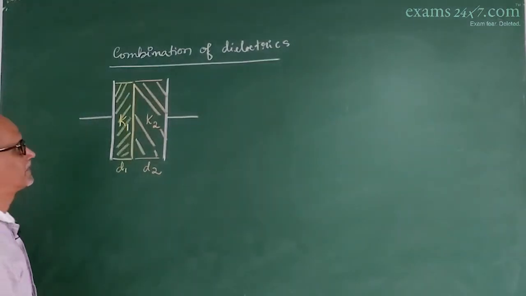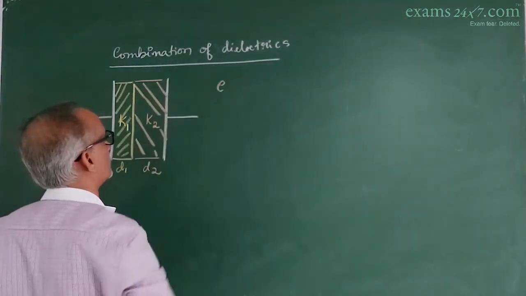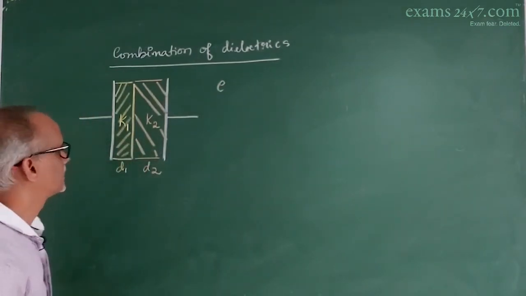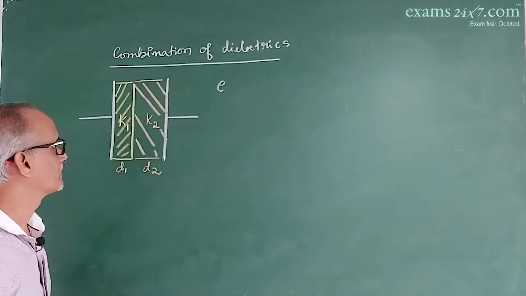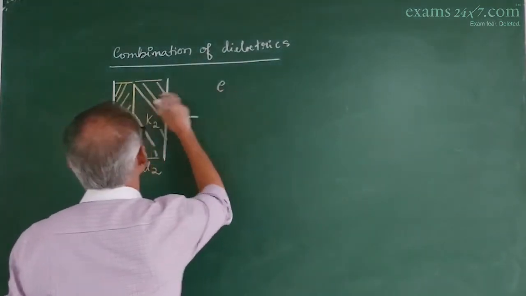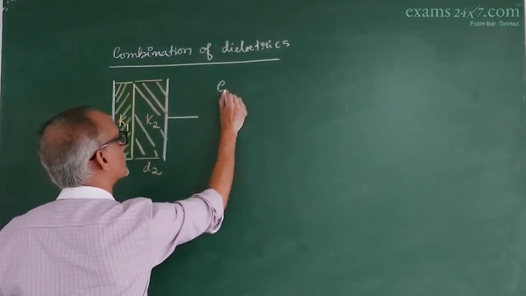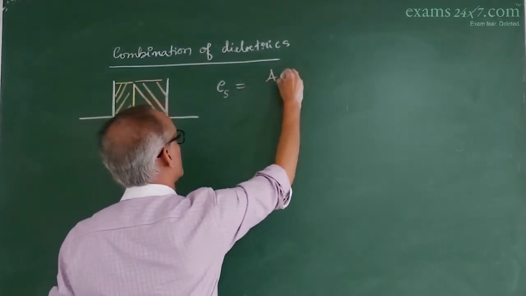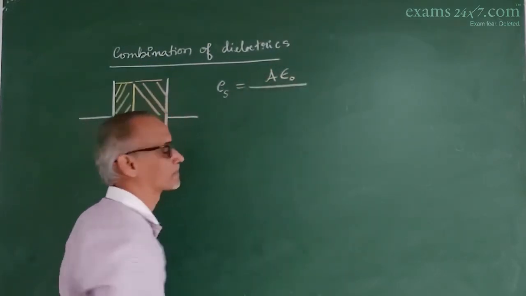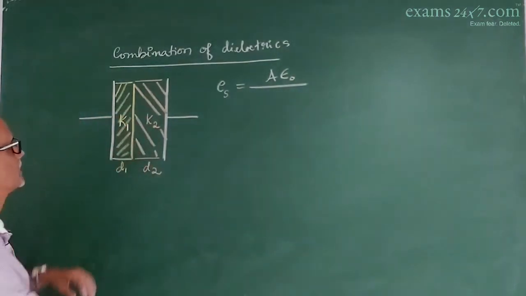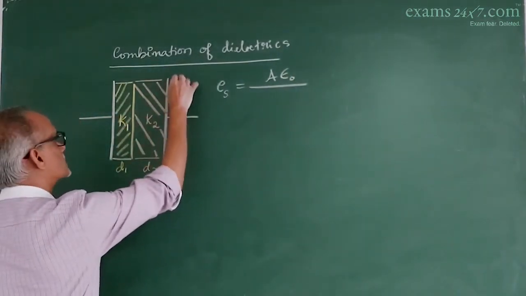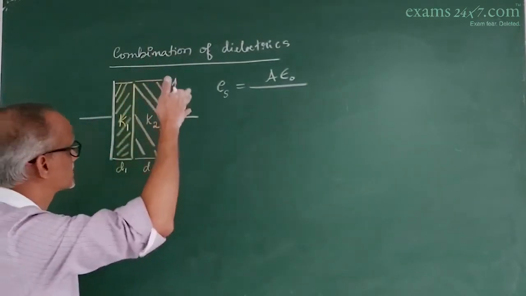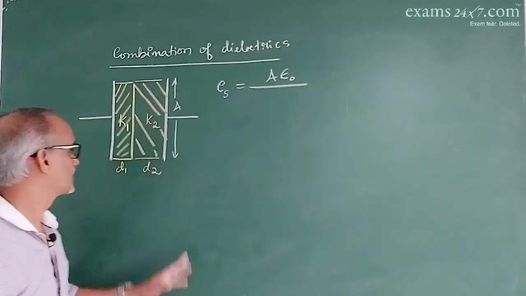So what is the effective capacity in such an arrangement of the dielectrics? Since it is a series combination, we can write this equal to CS. That's equal to A epsilon naught. What is important here is that A is the same for both dielectrics. The area of cross section is the same for both.